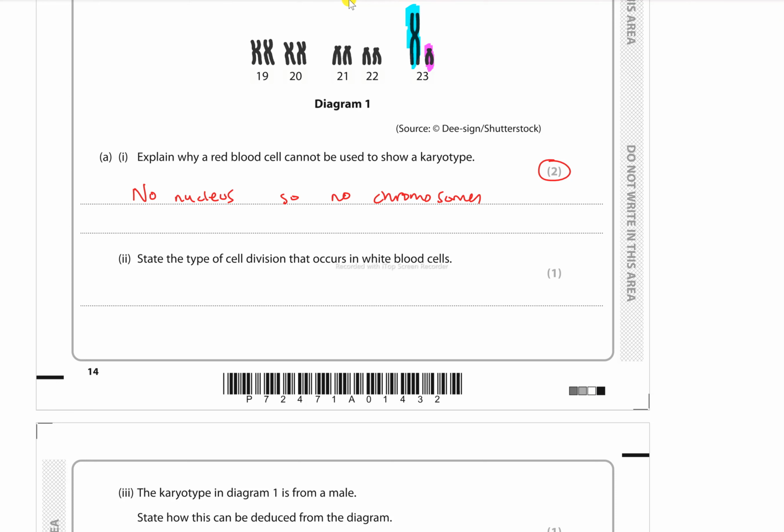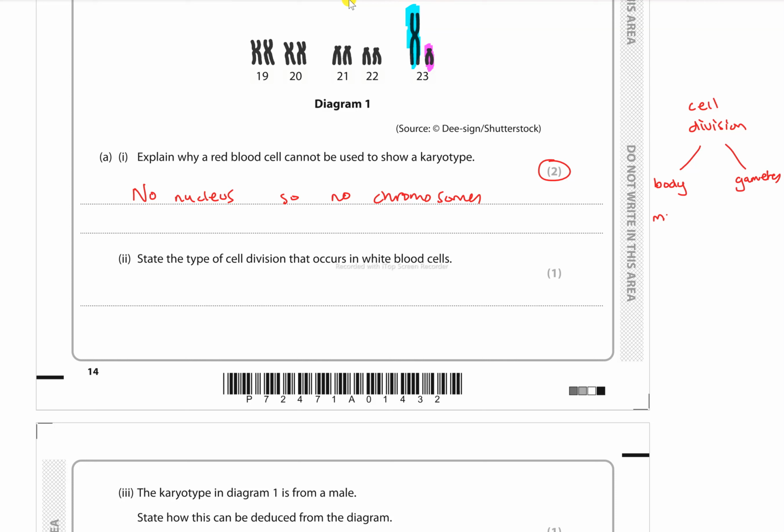State the type of cell division that occurs in white blood cells. So white blood cells are body cells. So remember we said there's 2 types of cell division. What did we say? Body cells and gametes, which are sex cells. Right, so you have body cells.